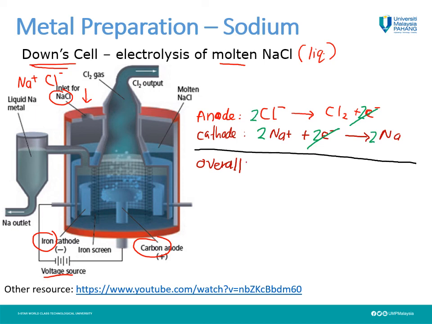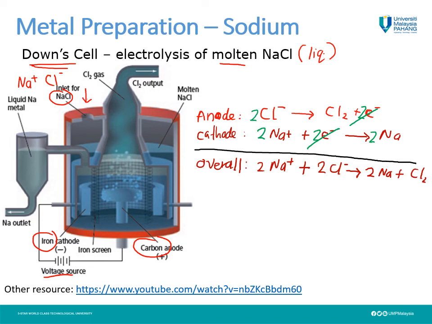So we will have here 2Na plus plus 2Cl minus, it will become 2Na metal plus chlorine gas.